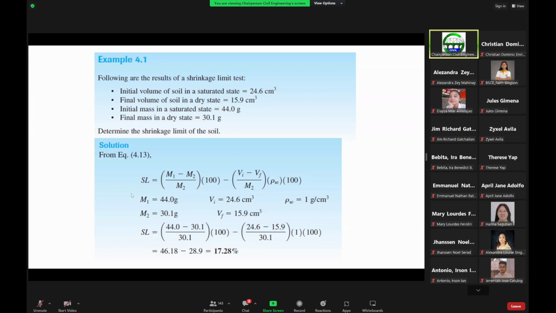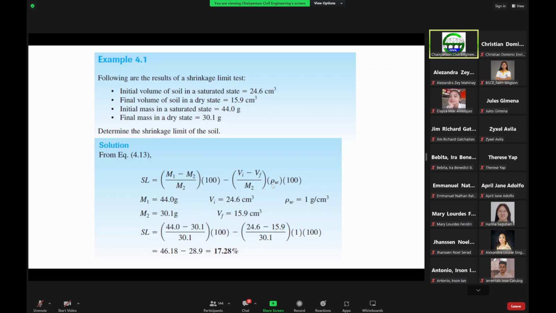The initial mass is in the saturated state, and the final mass is in the dry state. Then minus the initial volume minus the final volume over m sub 2, which is this one here, multiplied by the density of water.